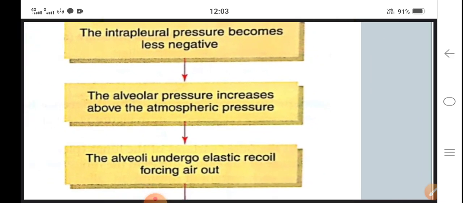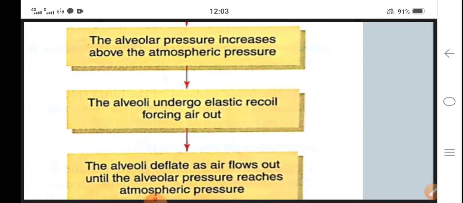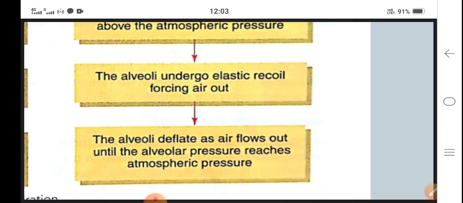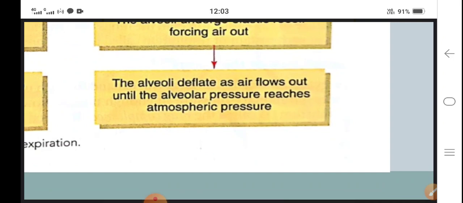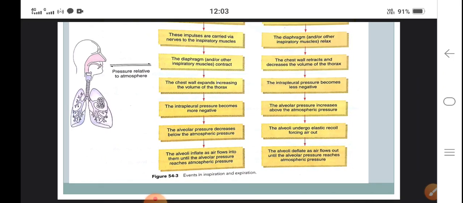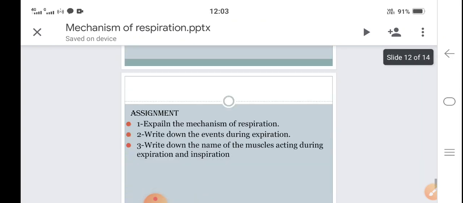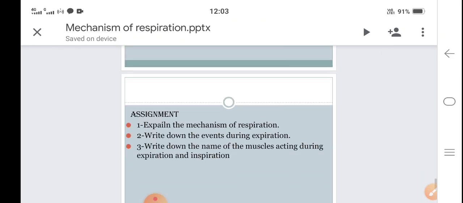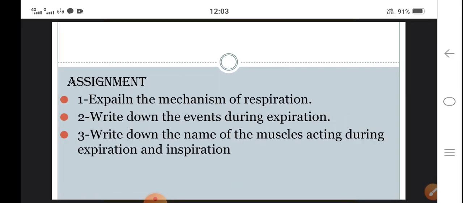The alveolar pressure rises above the atmospheric pressure. The alveoli undergo elastic recoil, forcing air out, and the alveoli deflate, with airflow out until the alveolar pressure reaches the atmospheric pressure. These are the events that take place during inspiration and expiration, explained in front of you by the slides.